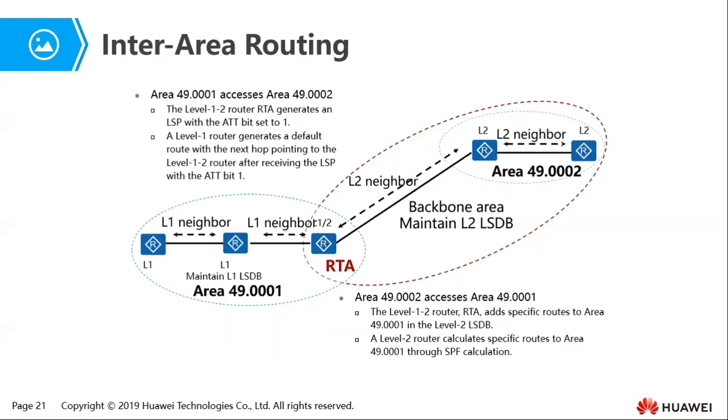Okay, so let's look at inter-area routing. For example, here we have area 1 and we have area 2. Area 2 here is our backbone area.